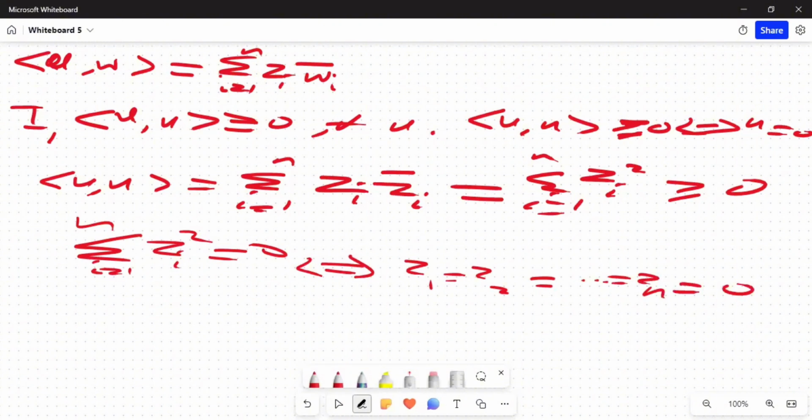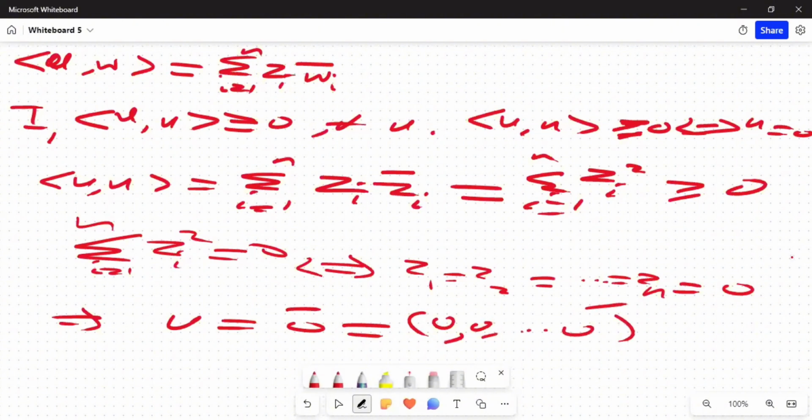In that case, this implies that u is a zero vector, which can be likened as 0, 0, 0 up to an n-tuple, and this is an object in Cn. So that justifies the first axiom.